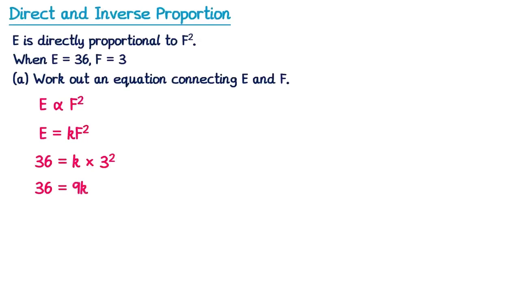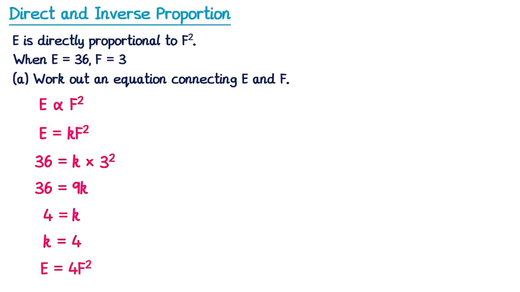Now we can find the value of K by dividing both sides by 9. 36 divided by 9 is 4. So 4 is equal to K, or K is equal to 4. Now that we have the value of K, we can write this out once more, but replace the K with a 4. So E is equal to 4F squared.